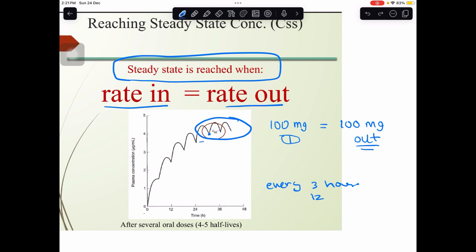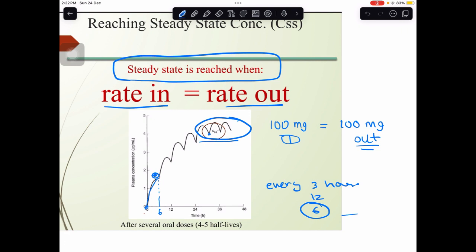And the reason is because we want to attain this. For instance, imagine this is 6 hours, okay? So here they're telling you every 6 hours you need to take the drug. Here I took the drug at the first hour, and then after 6 hours I'm supposed to take the other drug here.